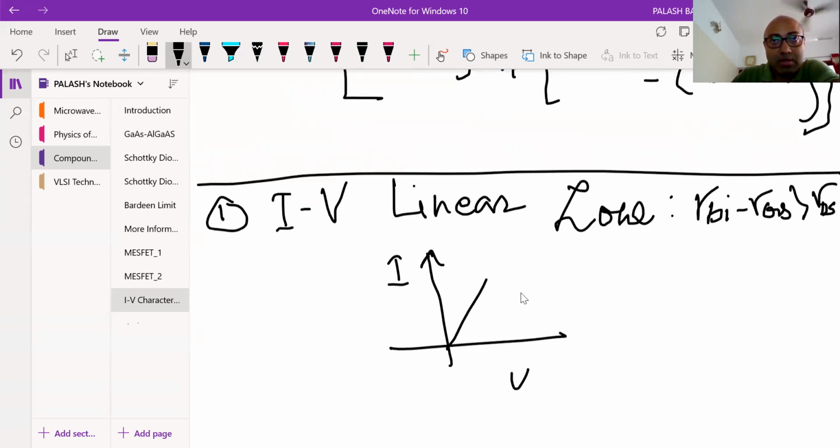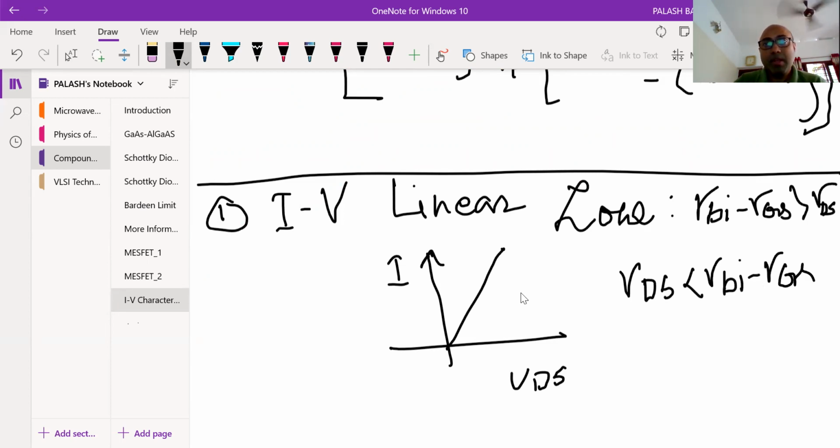And here, in this case, your drain to source voltage VDS is less than VBI minus VGS. This is your homework, and you please try to calculate this part. There is absolutely no issue on it.